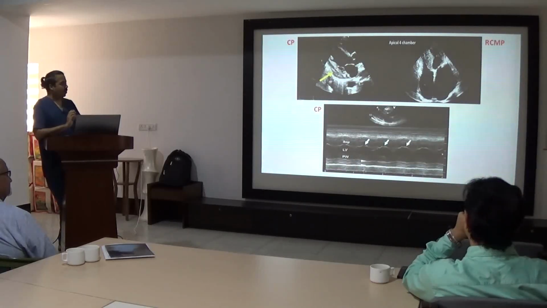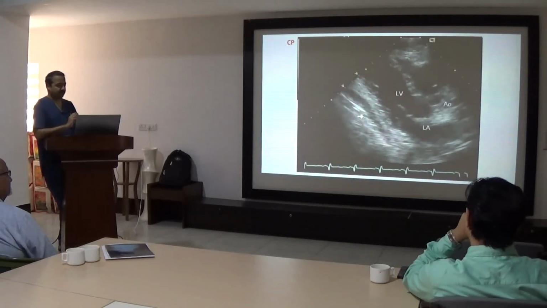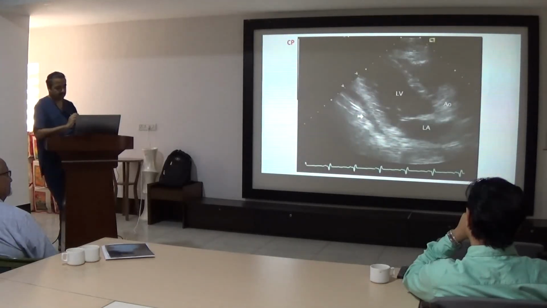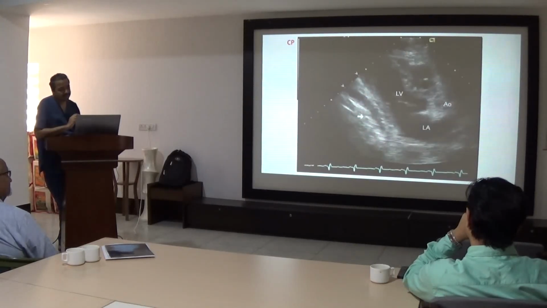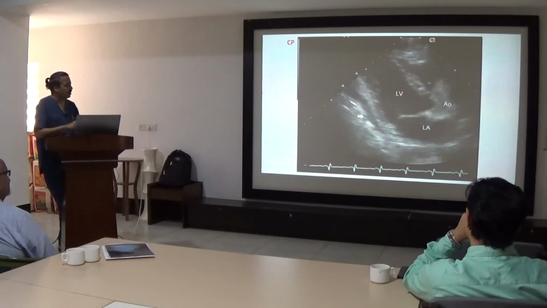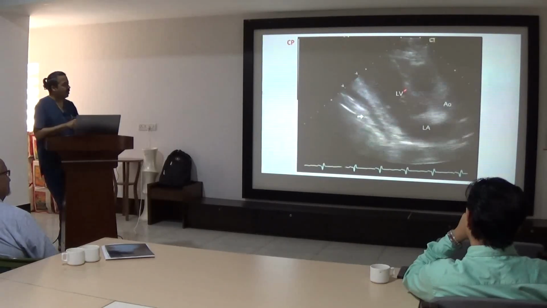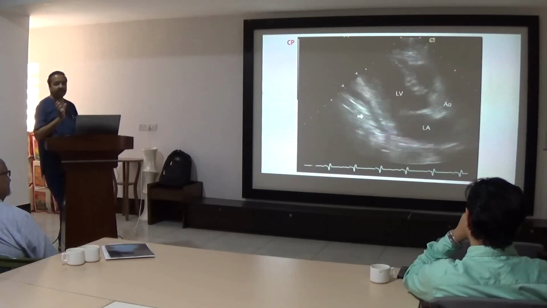If you apply this to a moving image, this is how it is seen. This is how the septum will bounce. It will show a jerky movement. You see that there is jerky movement.